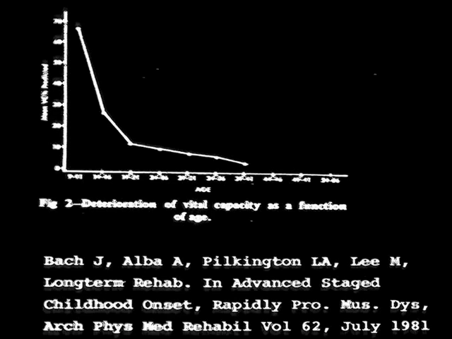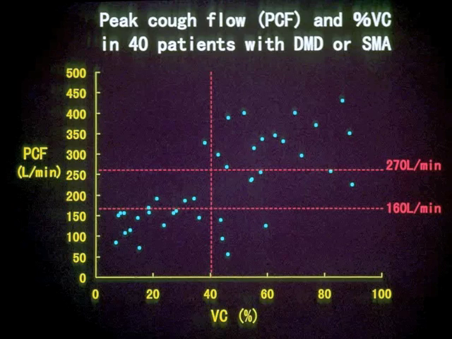This is a graph of patients with muscular dystrophy who, after they plateau, lose 5 to 10% of their vital capacity per year, and by the age of 20, need to use ventilators. And as their vital capacity goes down for anybody, when it goes below about 40% of normal, the cough flows become ineffective.